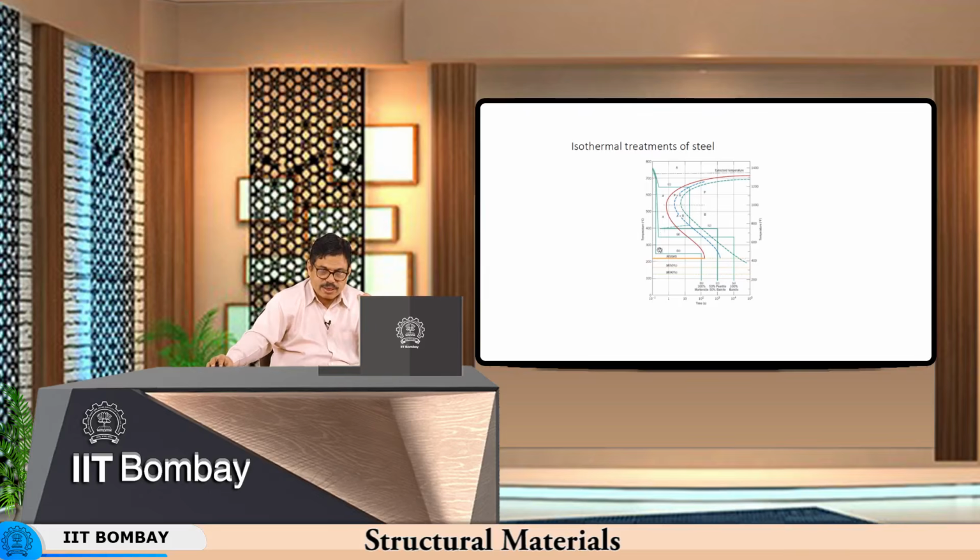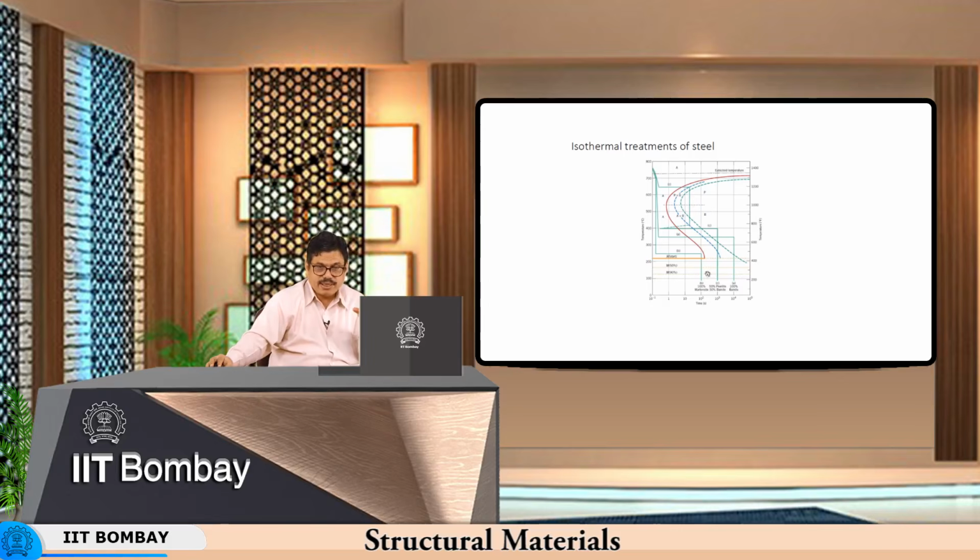So, by this step of holding at a temperature of 250 to 300 degrees centigrade, you are achieving homogenization of the temperature without allowing any transformation of austenite to perlite, and then when you cool it rapidly through the martensite start and martensite finish, you get complete transformation to martensite without risking the consequence of tensile stresses being set up.